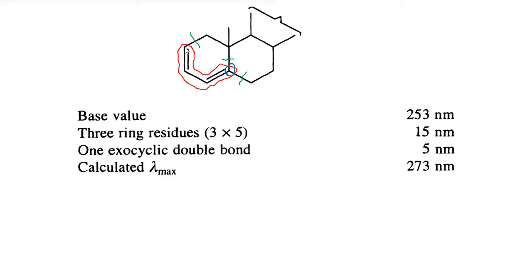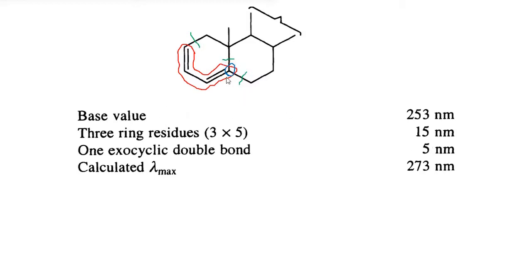See, our system is marked in red curve, and there are 3 ring residues directly attached to our system. One is this, another is this, and another is this, marked in green drawings. So 3 into 5, a total of 50 nanometer is the increment for these ring residues.